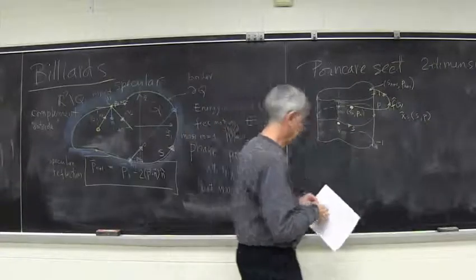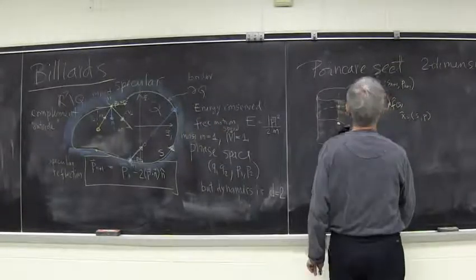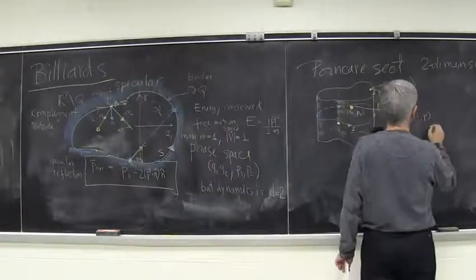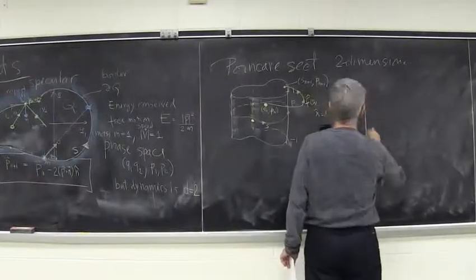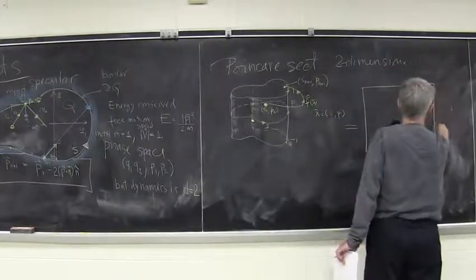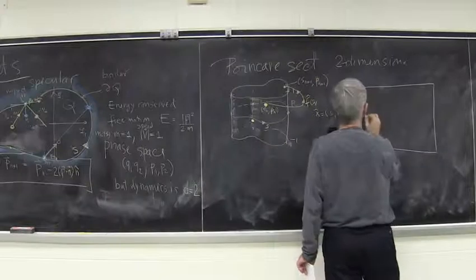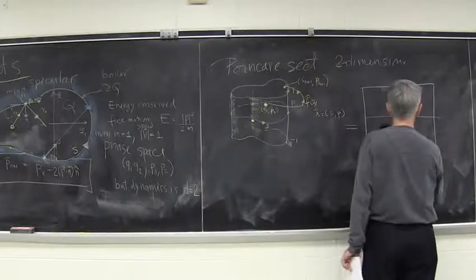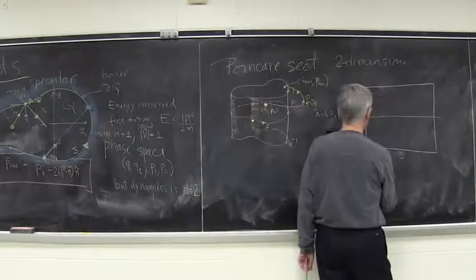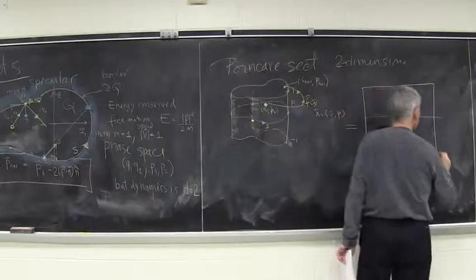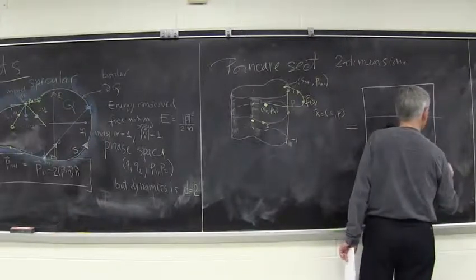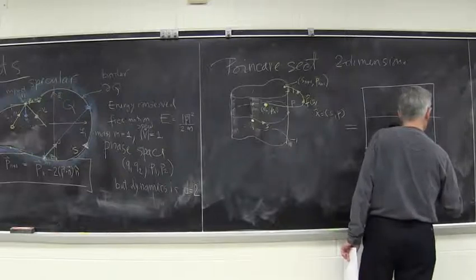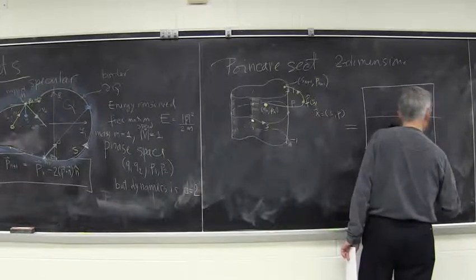Of course, when we really do this, we don't draw this picture, but we actually just draw a rectangle which has coordinate s going from 0 to the length of the perimeter. So this is length, if you wish. L is the length of the perimeter.